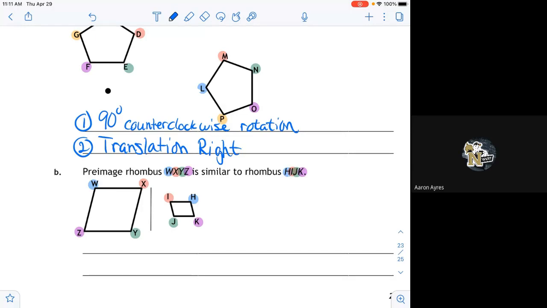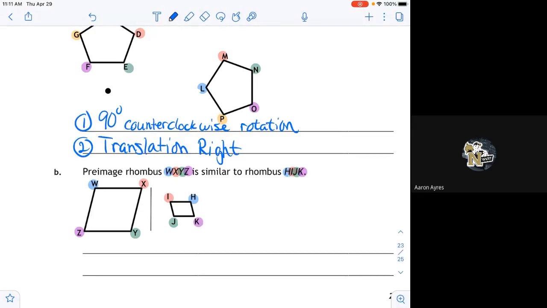Same point. You can shrink it first and then reflect it, or you can reflect it and then shrink it.